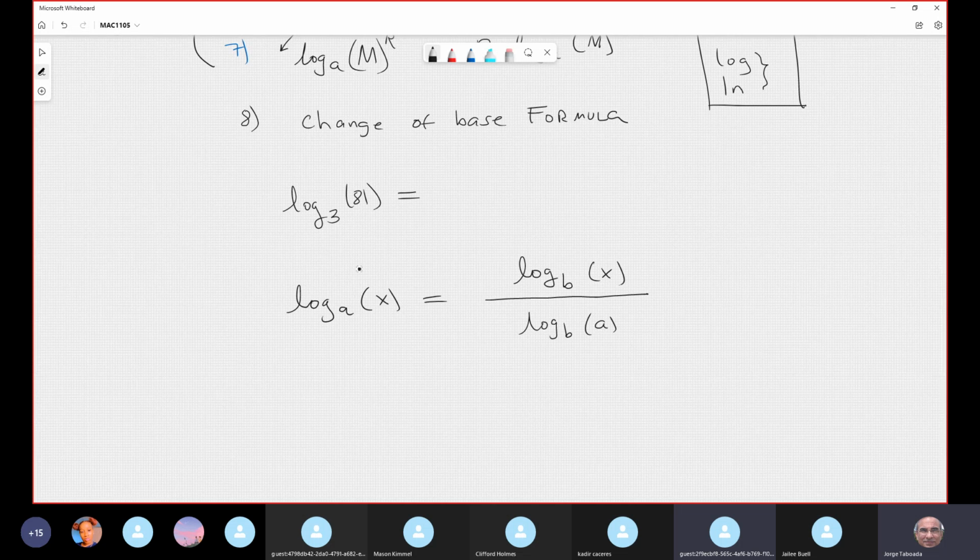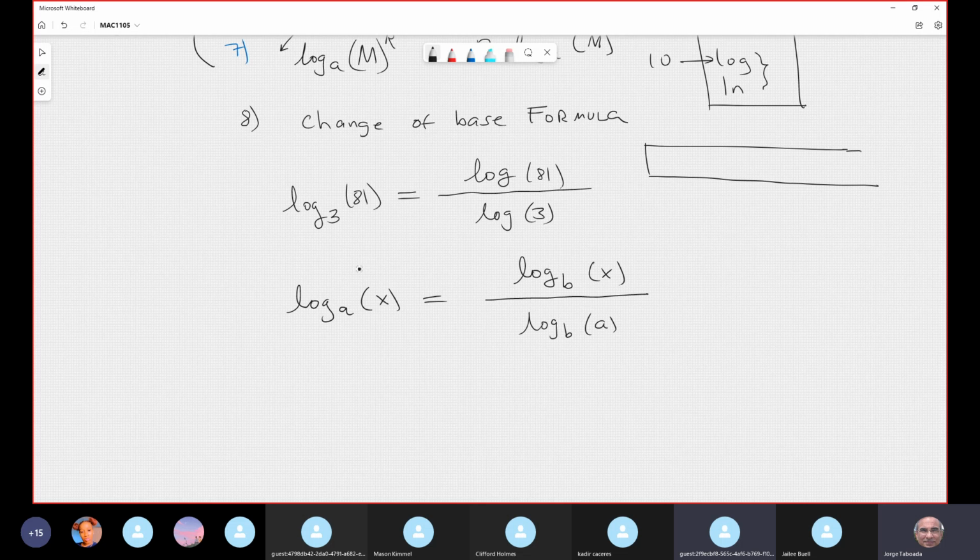So you transform this using the formula. Assume the new base is 10, and it's not necessary to put 10 here. So the common logarithm of 81 divided by the logarithm of base 3, and you type that in the calculator.